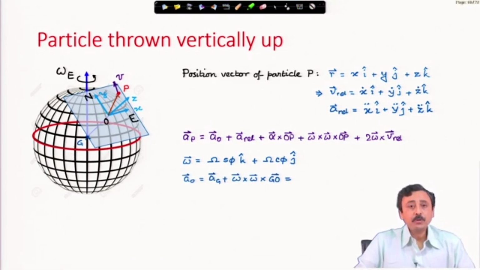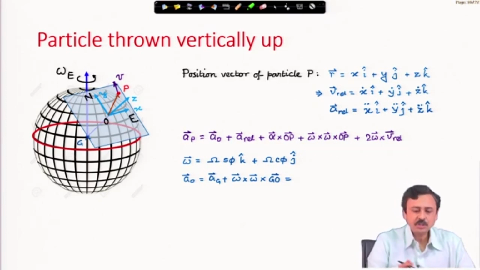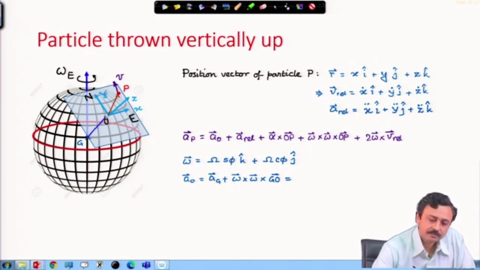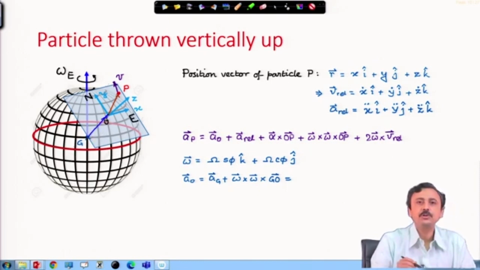Now the acceleration of point O, the center of this plane, where the observer is fixed, where we are observing this particle, is the acceleration of the center of the earth, A_G, plus omega cross GO. This is the vector GO.